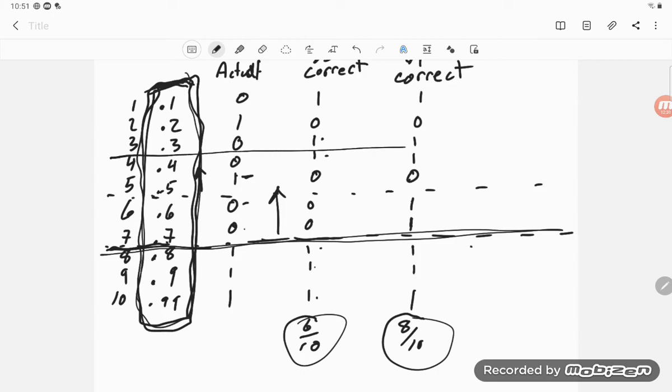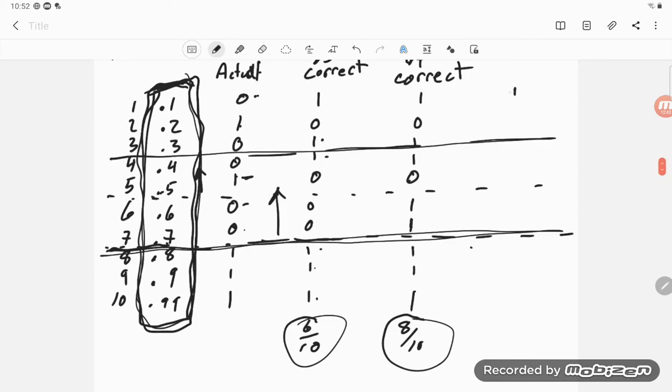If I came up here and set this at 30, then this first one would be correct, the 0, 1, 0, that would be correct, that would be wrong, that would be correct. But then this is wrong. This one's correct, but these next two are wrong, and the last three are correct. And so again, I only get 60% right.